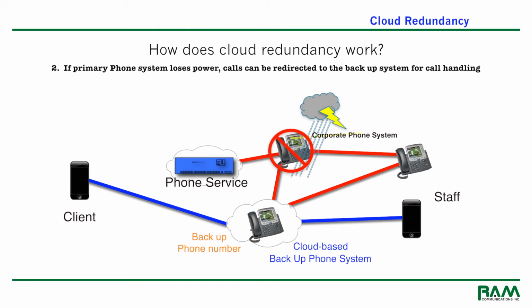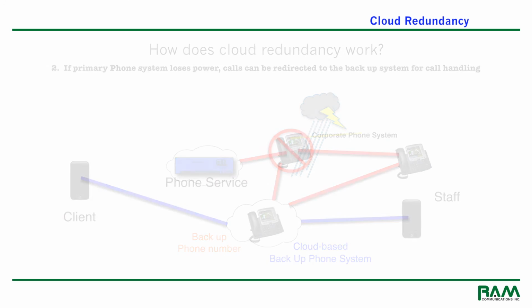Also, with the cloud solution, clients can reach specific staff and continue doing business depending upon how we have the backup system organized. Now, while this scenario may not ensure full capacity, the cloud solution gives you the ability to conduct business on a limited basis during a power outage.